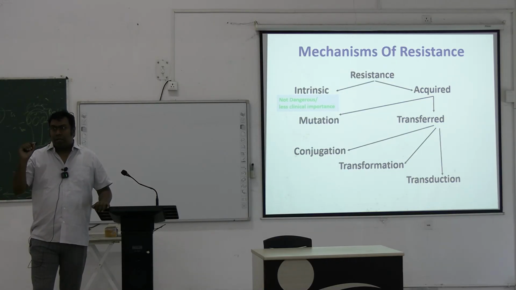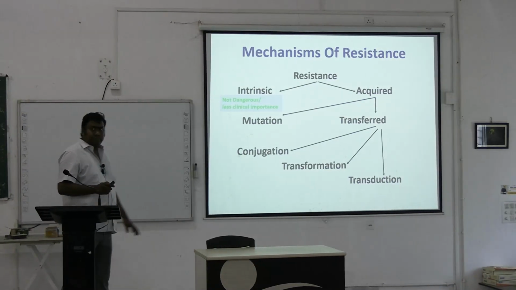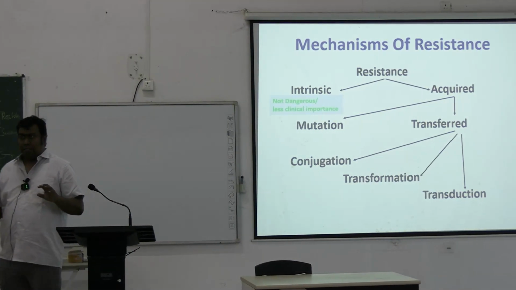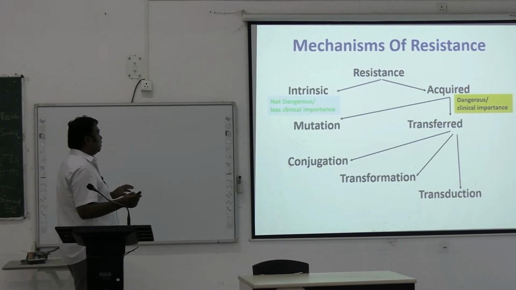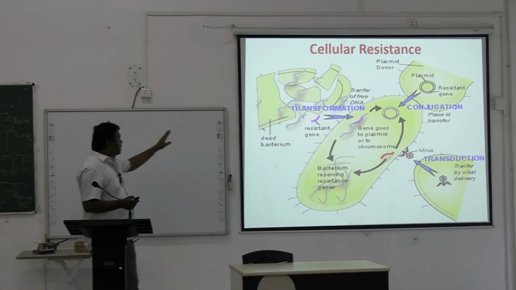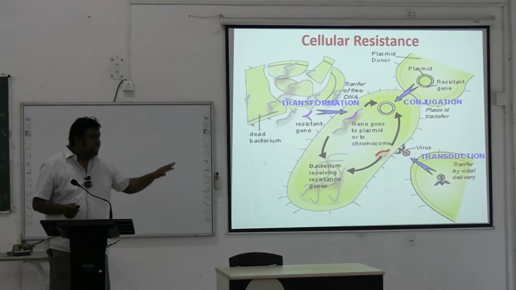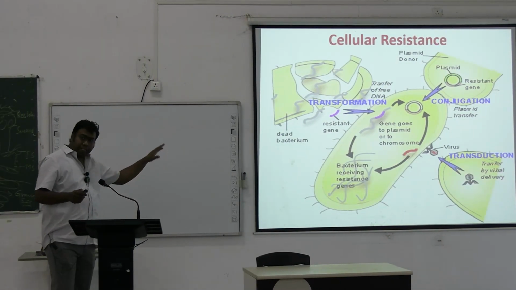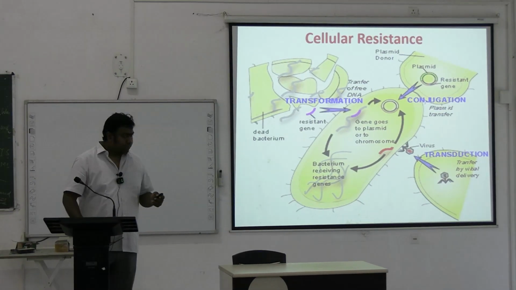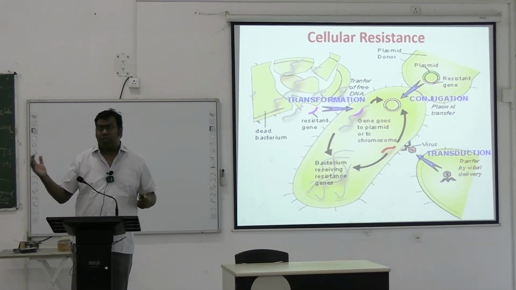So acquired resistance is important for the clinical setup. Conjugation is from the plasmid, transduction from the bacteriophage, and from the already killed bacteria, transformation. Clear? And the other part of acquired is by mutation.